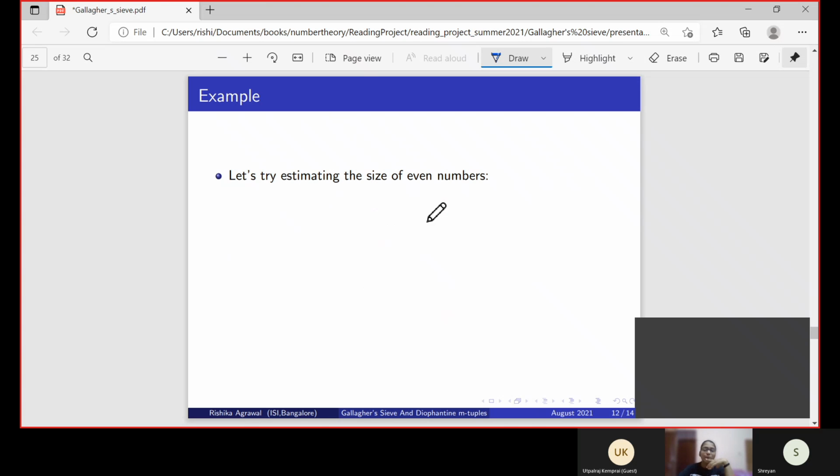Now we'll try to look at an example. The example is a very vague one, just to see how we can use this Gallagher sieve. Okay, so what we'll try to estimate is the size of even numbers. We all know even numbers are the numbers that are divisible by 2, and the number of even numbers less than x is the greatest integer of x over 2.